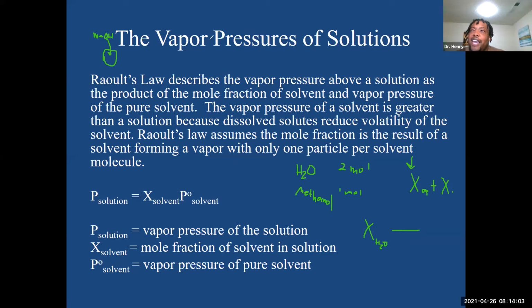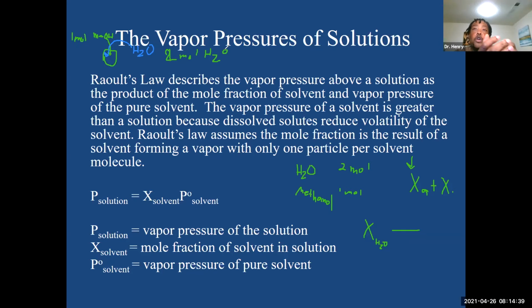I put that in there, and then I put in water as well. So I have a cup. I put in 1 mole of methanol. Then I put in 2 moles of water.